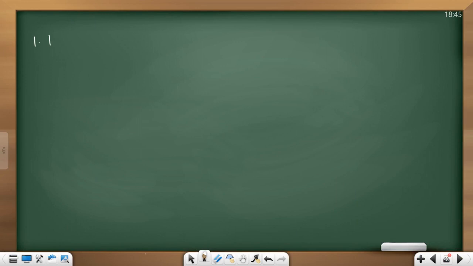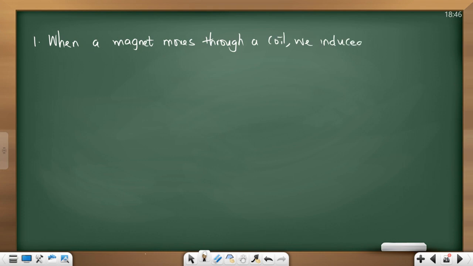Number 1: when a magnet moves through a coil, we induce what? Current. Number 2, the current induced.